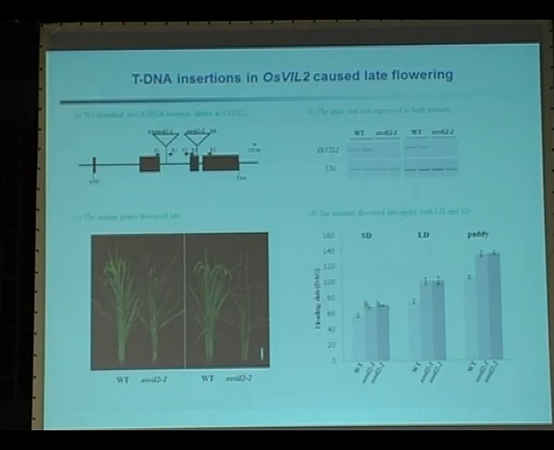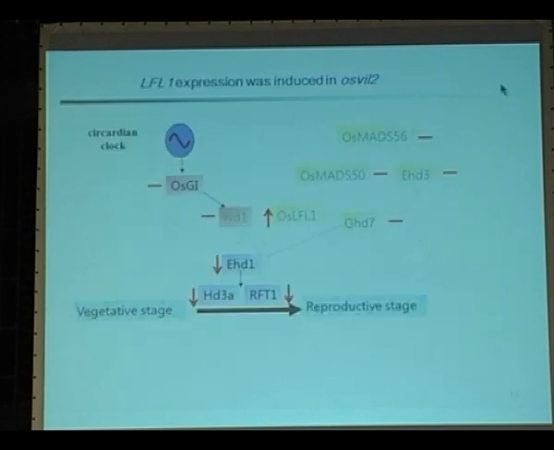On the short day, there is some delay in flowering. Long day, of course, there's a little bit longer, and the very same thing, indicating that this is a constitutive flowering activator. In other words, it is needed for flowering induction; lack of it, by T-DNA insertion, caused late flowering.